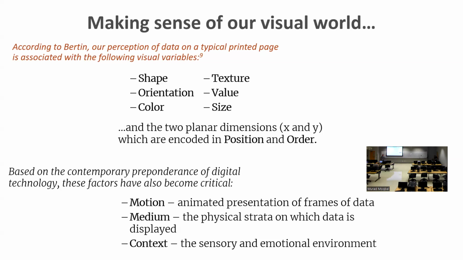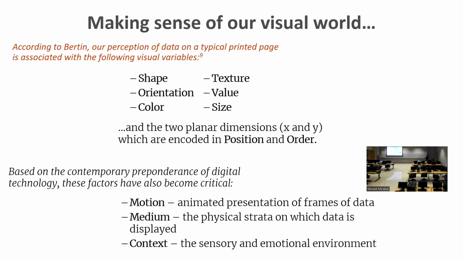So the other thing is shape, orientation. Remember when we saw the italicized number, when they are all fine except for one, we pick that number. Color: all black in that shape, and then we have red, right? We all want to look at that red color. Size, value, texture, right?